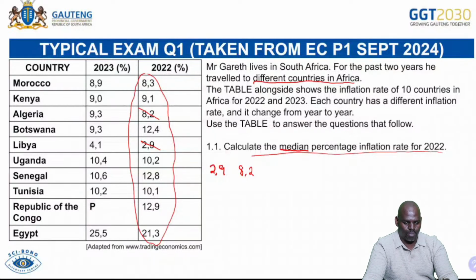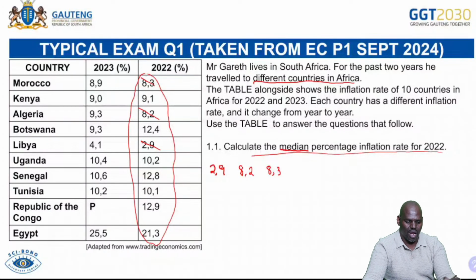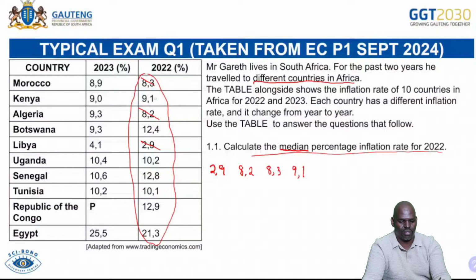Okay, then after 8.2, I see 8.3. Then after 8.3, the next one is 9.1. So I've got 9.1, draw a line. After 9.1, I see 12.4, I see 10.2, 12.8, 10.1, but I've got 10.1. Okay, so 10.1 is the next one, and then after 10.1, I've got 10.2.